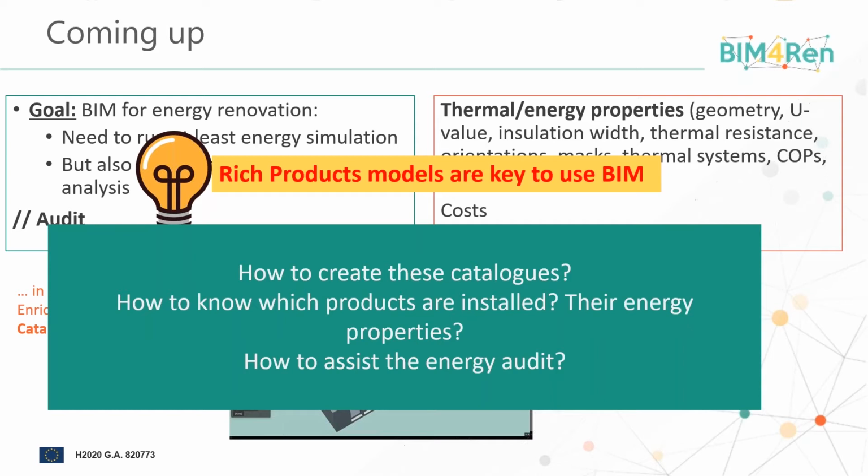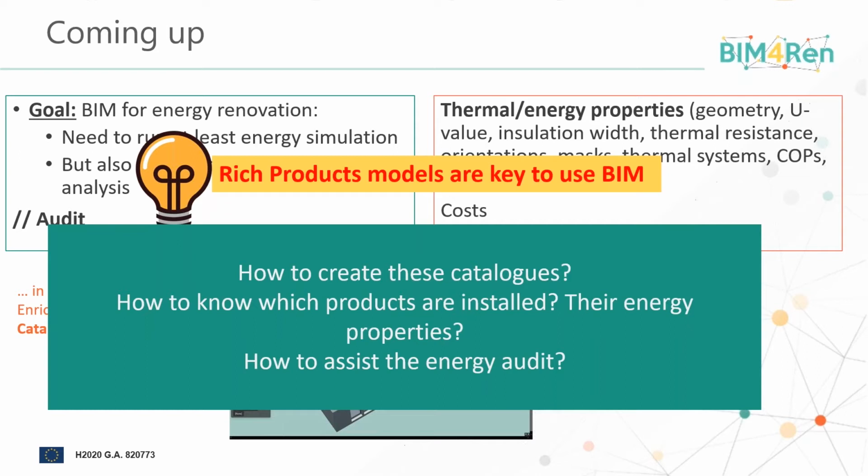You can have a lot of documents related to your buildings and past renovations, and the references of the systems that are installed can be found in textual documents. You can also go on site and make visits, like for the energy audit, and collect information related to your building. So that's exactly what we're going to speak about today.